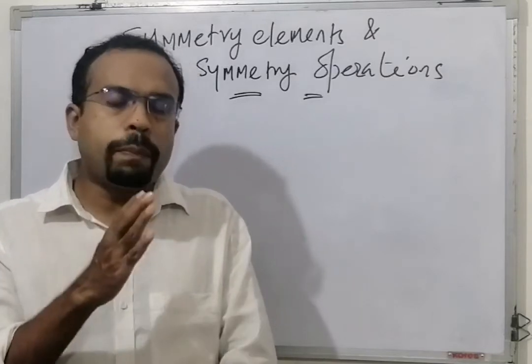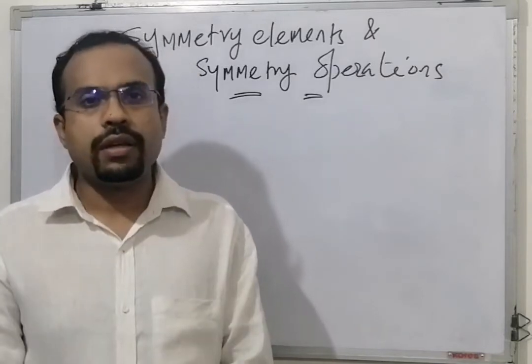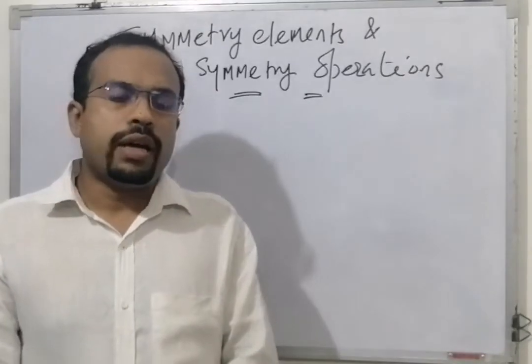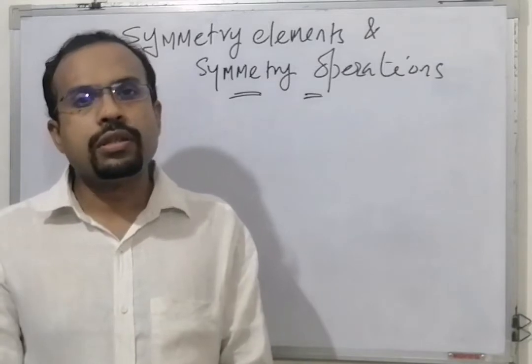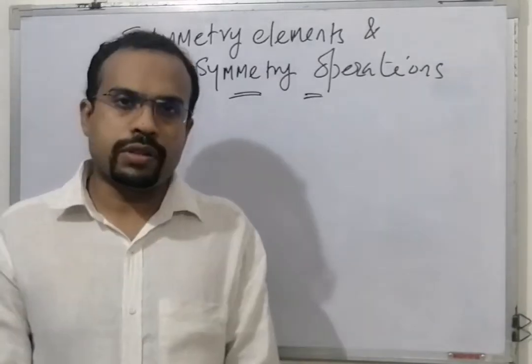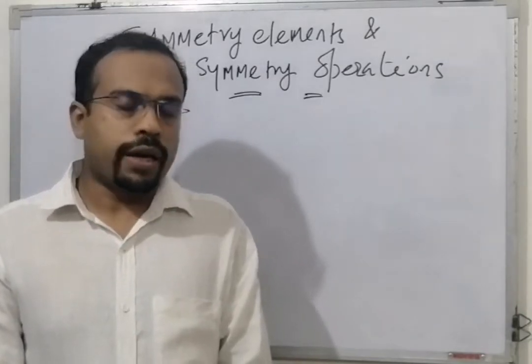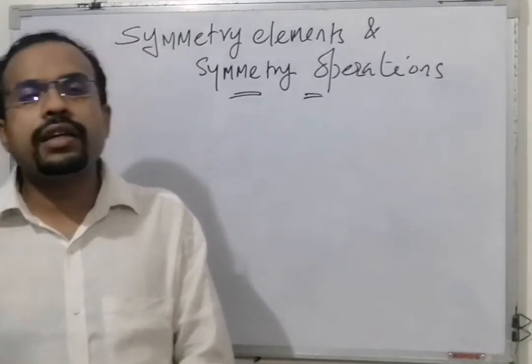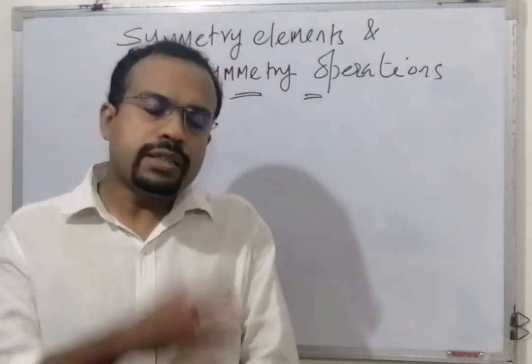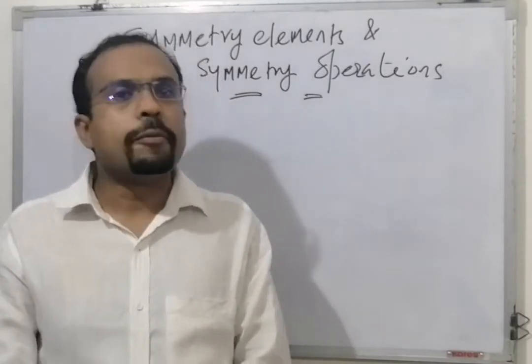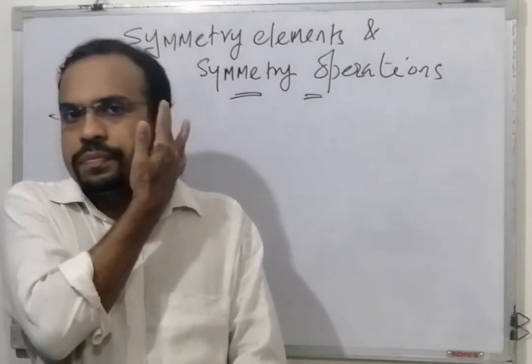Symmetry is a property of molecules like any other objects, and this property has been used to classify the molecules. This classification has been done in group theory. Scientists have grouped the molecules based on their symmetry.